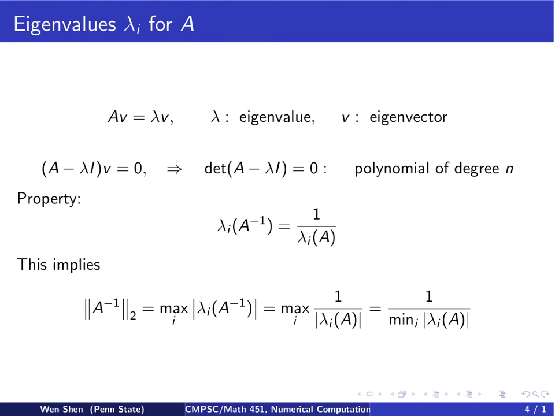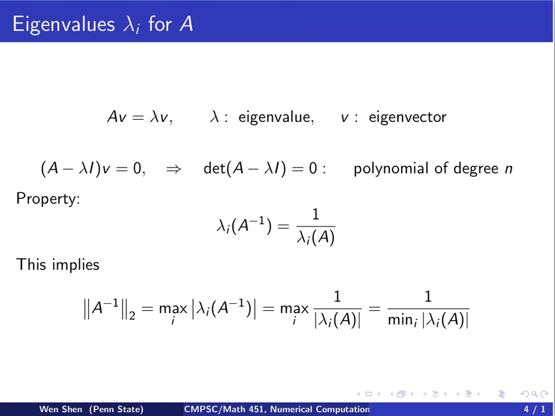The L2 norm of A inverse, which we know from before, becomes the maximum over all the eigenvalues of A inverse. And using what we have just discovered, the eigenvalue of A inverse equals 1 over the eigenvalue of A. If we want to take the maximum of this, the maximum is reached when the denominator reaches its minimum. So it's 1 over the minimum of all the eigenvalues of A. This relation will later be useful when we talk about condition numbers of a matrix A.